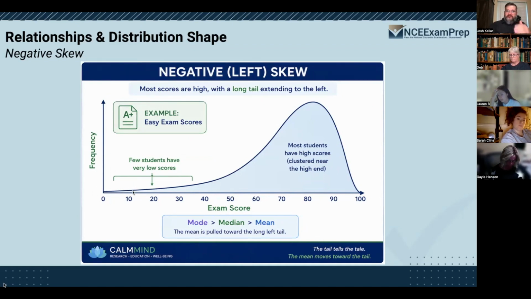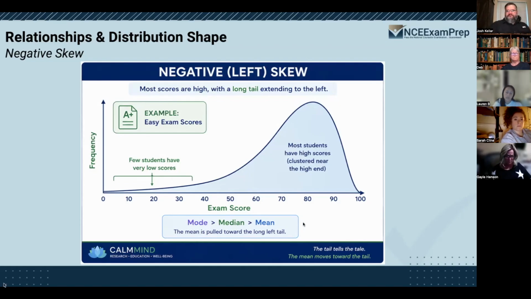So those low scoring students, because they scored so low, what did that do to the average score? Did it raise it or lower it? Lowered it. These students that scored low, their low scores lowered the average.